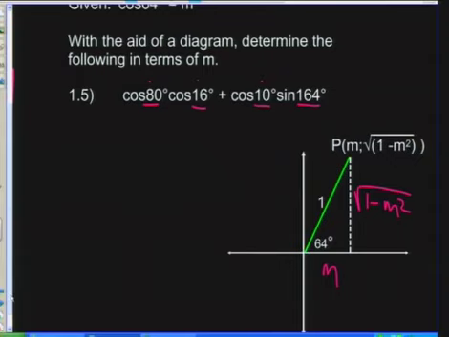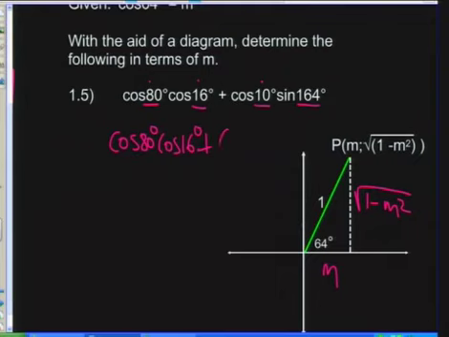So let's see what I can do. For now, I'll leave anything less than 90. I'll leave my cos 80 as cos 80. Then cos 16 degrees. Cos 10 degrees. Leave as cos 10 degrees.